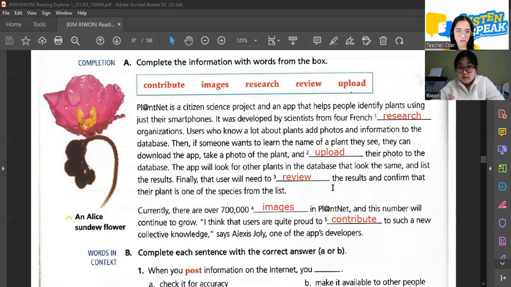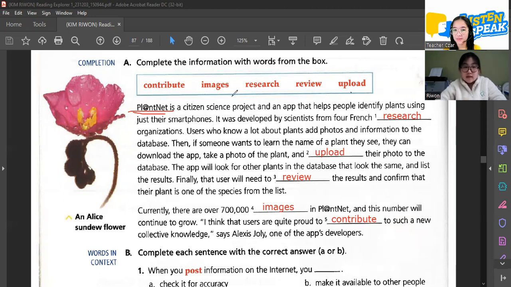Okay, very good. So we are all in here. So this passage is mainly about PlantNet. Okay. So once again, what is PlantNet? According to the passage that you have. It's the project that people can know about some plants.